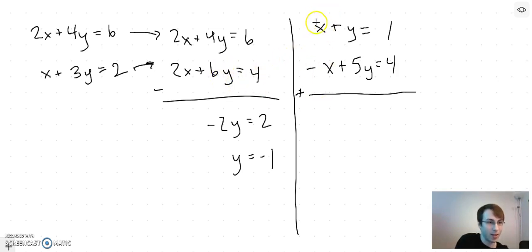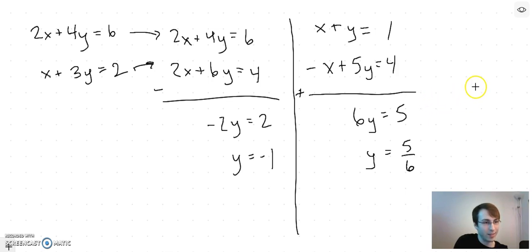So these x's will cancel, because 1x minus 1x makes 0x. Then we've got 1y plus 5y, 6y equal to 5. So y equals 5 sixths.